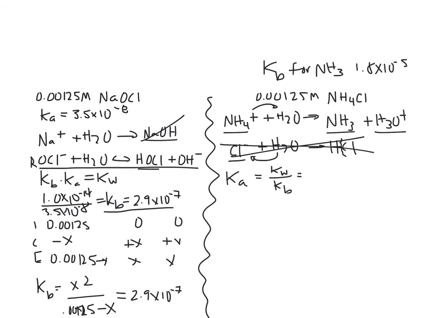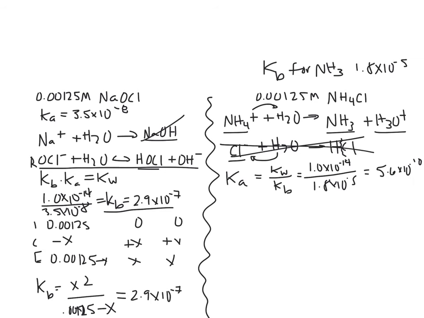So in our case, that's 1.0 times 10 to the negative 14th divided by our 1.8 times 10 to the negative 5, which ends up giving me 5.6 times 10 to the negative 10. Again, the reason it's so important that I'm working with Ka here is because I'm creating hydronium ions, so I know it's the Ka that I am interested in.